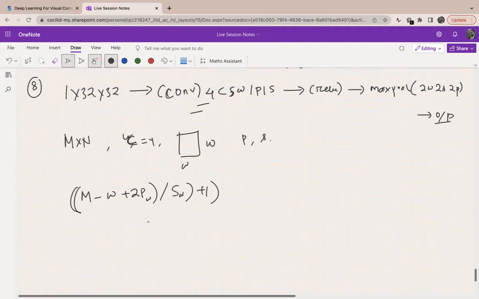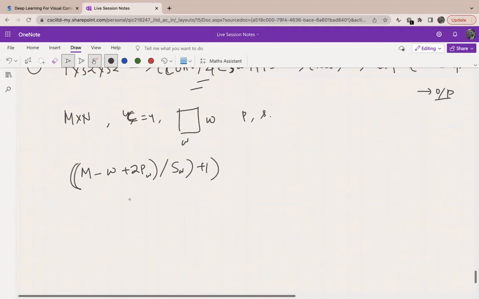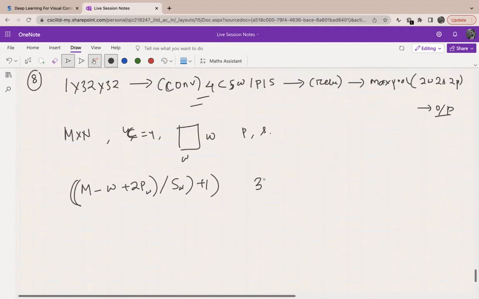This formula was derived in the last class. If you want to follow along, you can go there, but if not, just apply the formula.